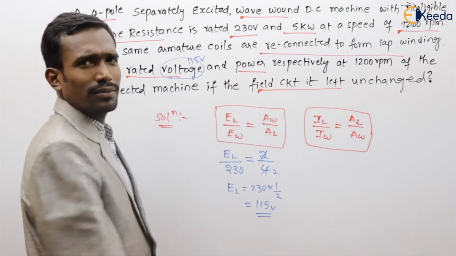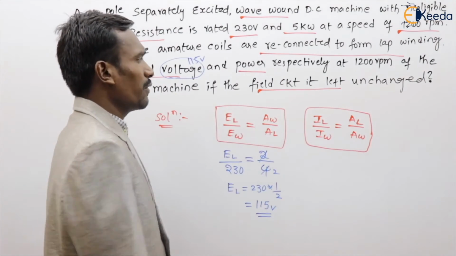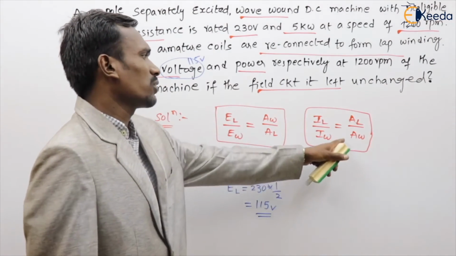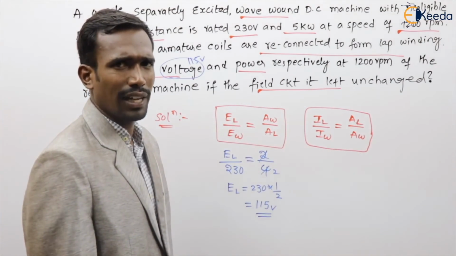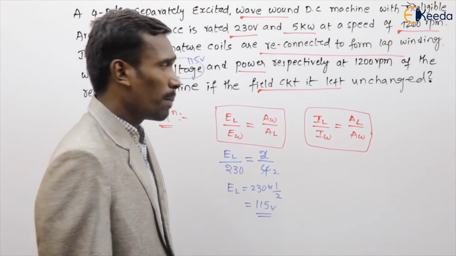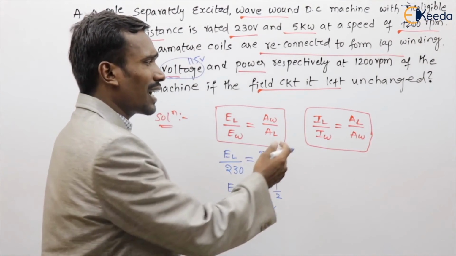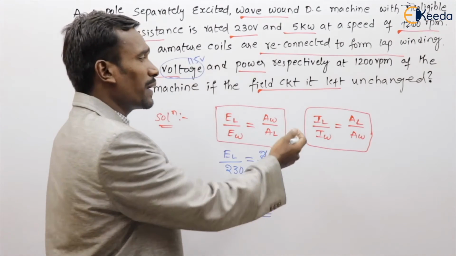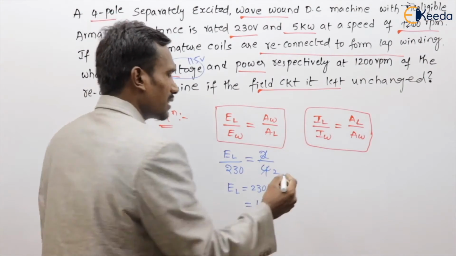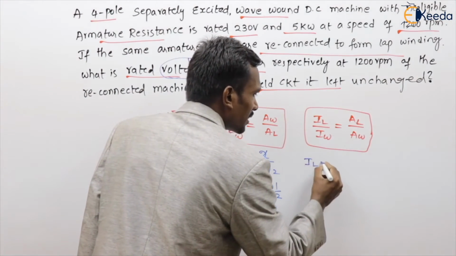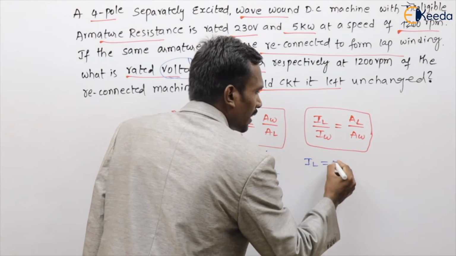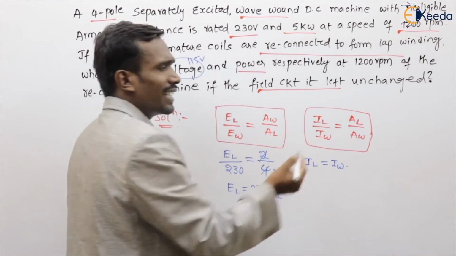What about power? To calculate power, we should know the current, but there is no current value given. Let's check it with respect to IW. IL is equal to IW into AL by AW.